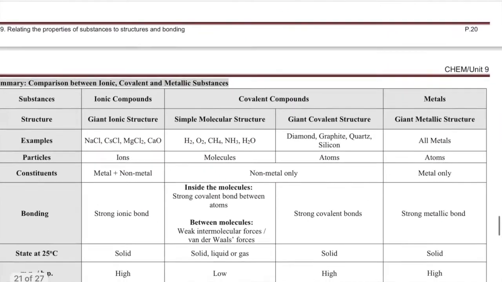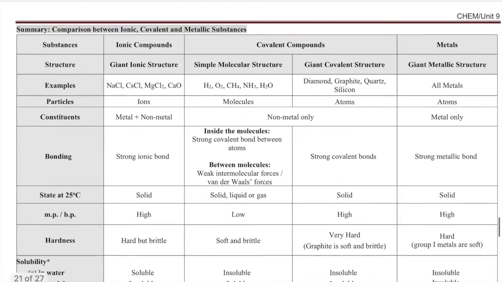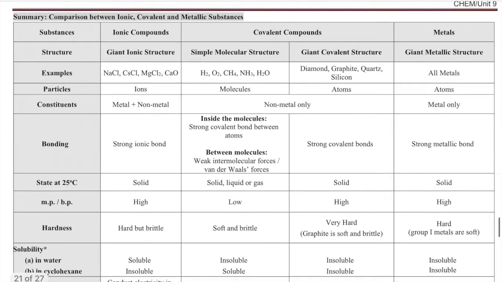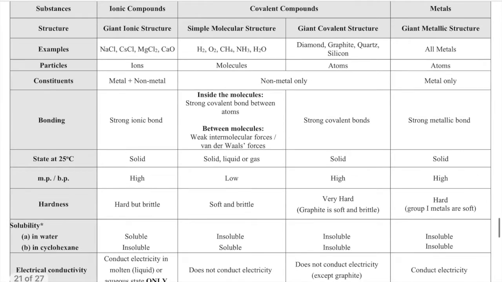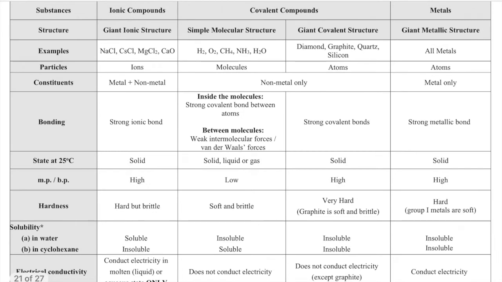Okay, on the next page is a summary of the structure and the bonding in each structure for different compounds and elements, and it also summarizes the properties for different structures. These rows summarize the bonding, so I'm not going to go through them with you. I want you to revise on your own.